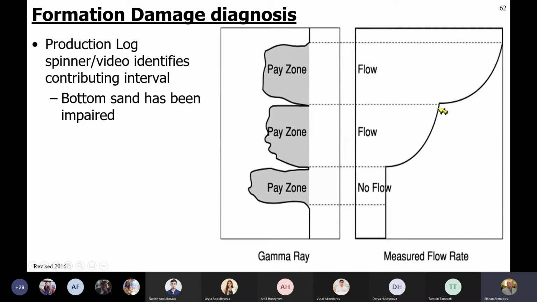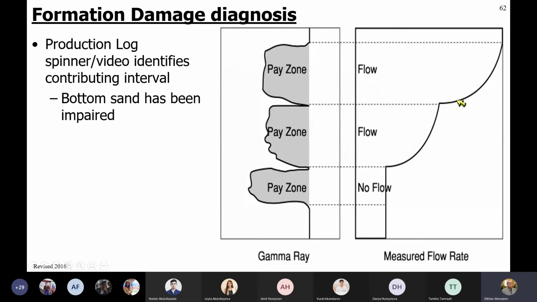Then going through the next zone, we will see additional incremental rotating speed, and that will tell us that this zone is also contributing. From that picture, we can see that this is almost the same contribution percentage. Maybe the upper zone is contributing a little bit more.